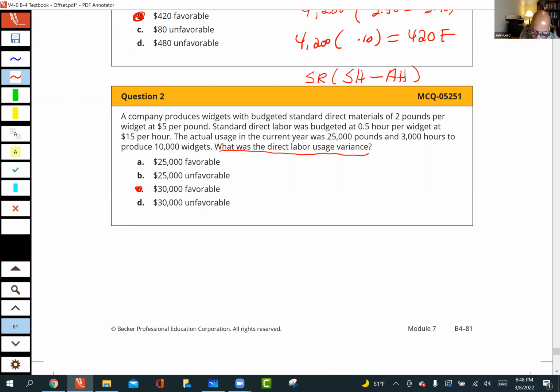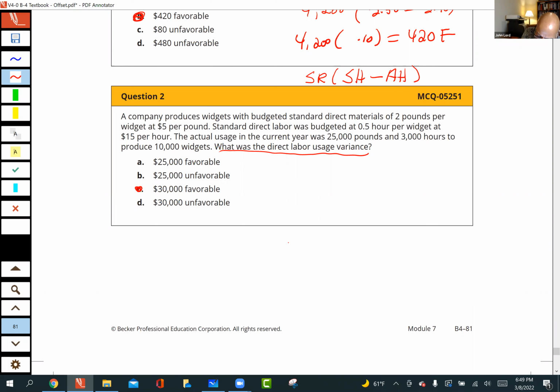We don't need that because we're looking at the efficiency variance. The trick with these variance questions is to look to see what variance they're asking you for. So as you're reading it, you're able to say, okay, well, I don't need the number of pounds because I'm doing labor here, right?